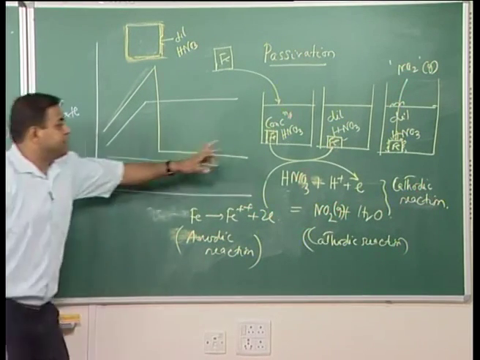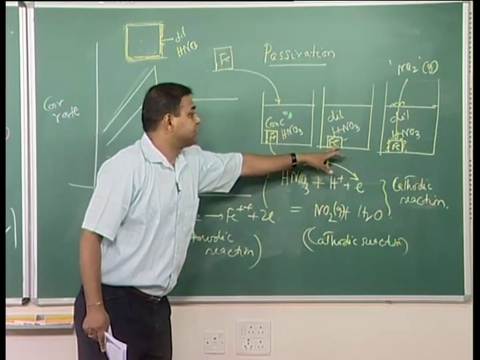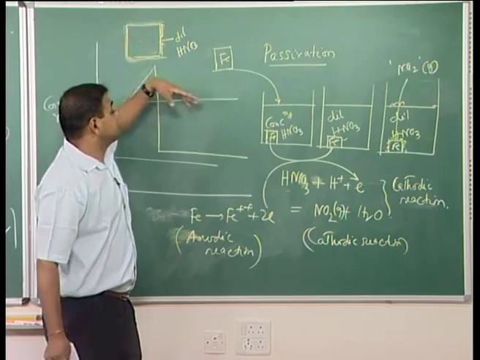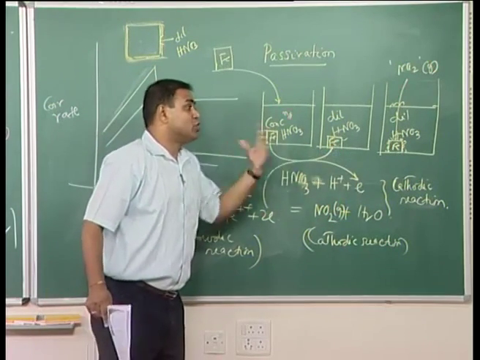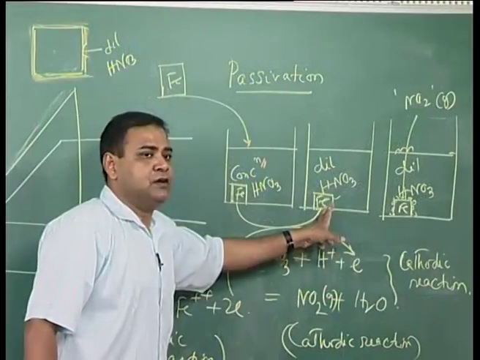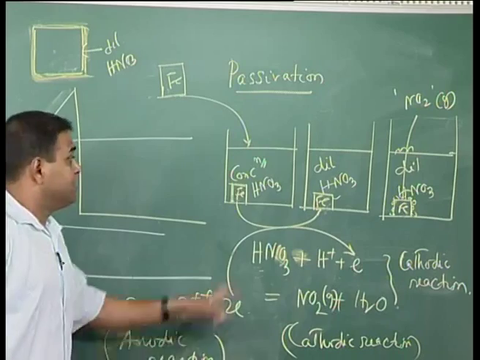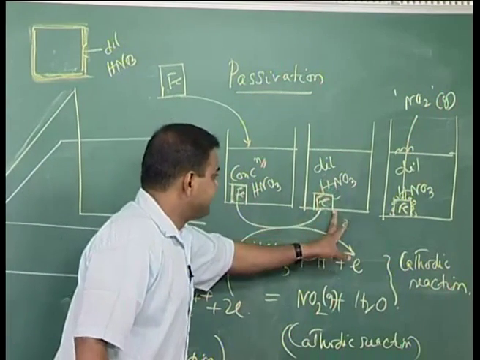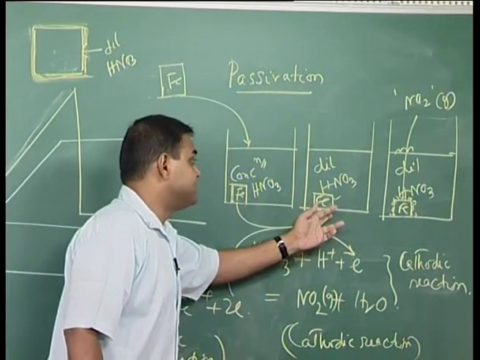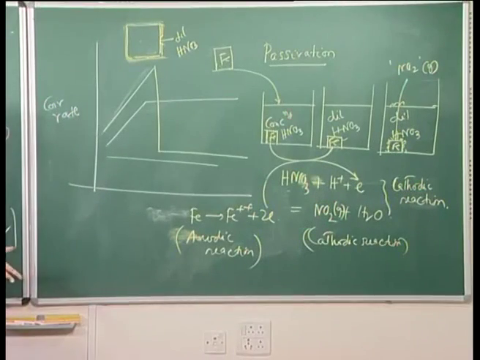Here, passivation is maintained, that iron oxide layer or surface layer which is forming is maintained. There is no contact between the iron surface and dilute HNO3, no bubble formation. Scratched, bubble formation and corrosion. So, this is passivated, already passivated, and this is activation, or breaking down of passivation.